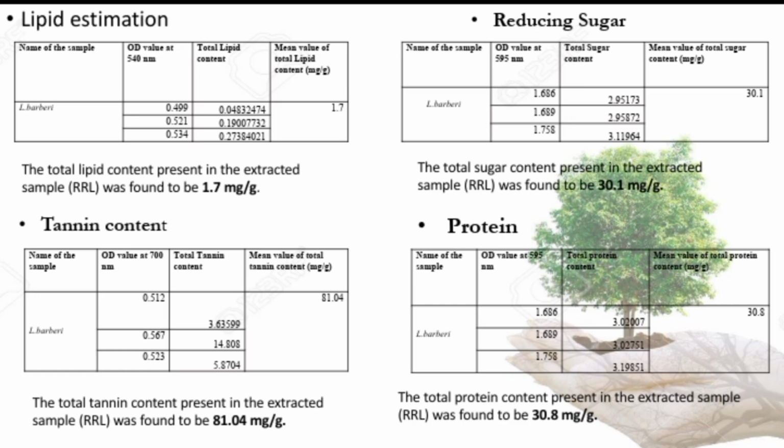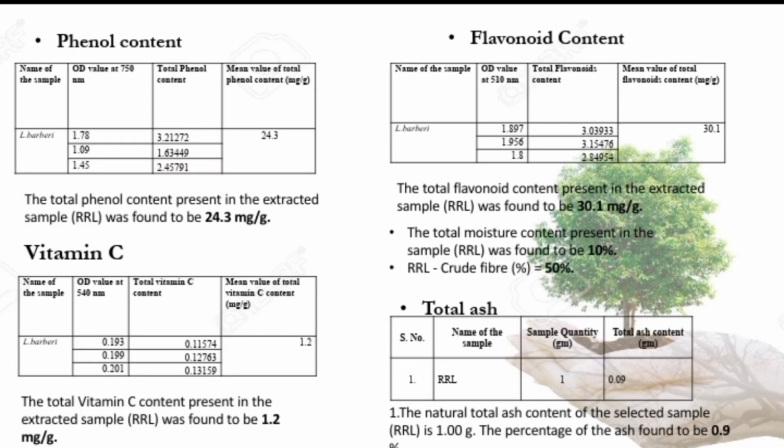The total content of the lipid was 1.7, the total tannin was about 81.0 mg, the total sugar content was 30.1 mg, the protein content in the sample was 30.8 mg, the total phenol content was about 24.3 mg, the flavonoid content was about 30.1 mg, and the vitamin C was 1.2 mg.